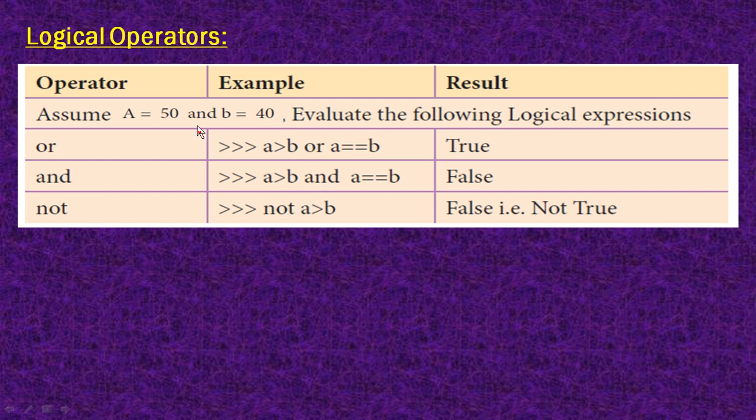Here A greater than B, 50 greater than 40, it is true. In the OR operator, if any one condition is true, the whole answer is true. In the AND operator, both conditions should be true, then the whole value is true.